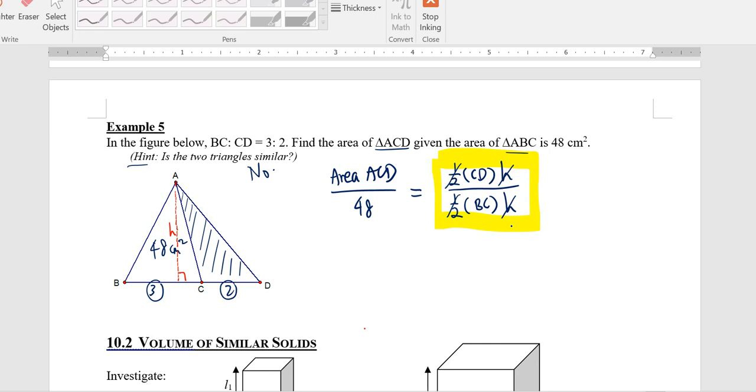So what we are left with is CD over BC. In this fraction, we can apply the ratio that is given here, 2 over 3, to represent the ratio of CD to BC.